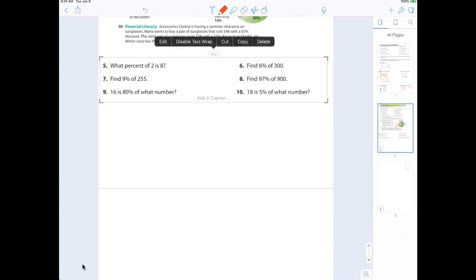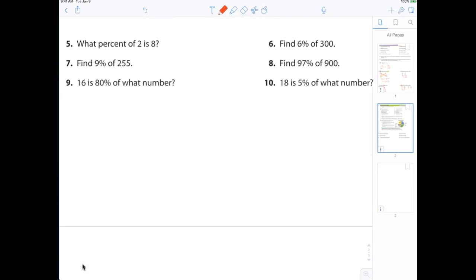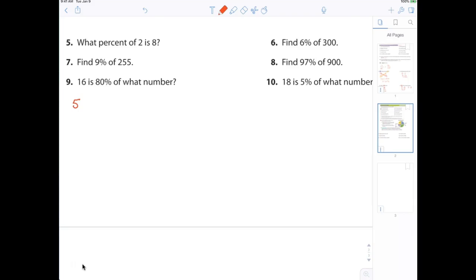Somebody new. Who's going to tell me how to set up number 5? Good for you. I want to hear you. 8 over 2. And then X over 100. You're awesome, girl. Good job.